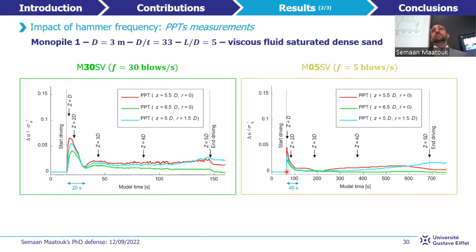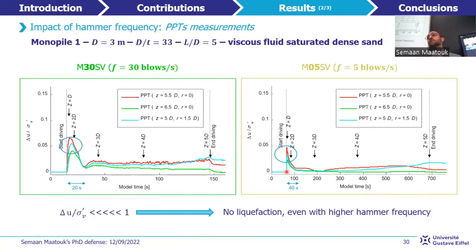The maximum peak values for the transducers are almost similar for both tests, and are very low with respect to one. Therefore, no liquefaction is observed at the sensor zone during the installation of the monopile into viscous fluid saturated dense sand, even with the higher hammer frequency.